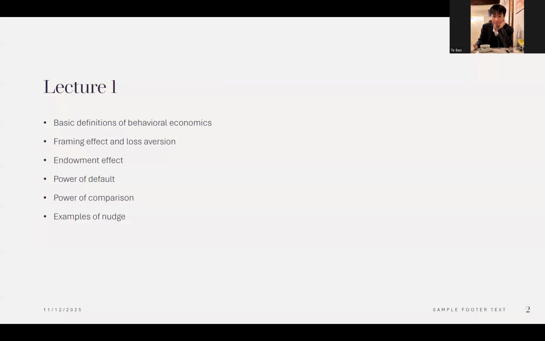We also mentioned briefly the relationship and differences between behavior economics and experimental economics. Basically, the emphasis of behavior economics is the introduction of psychological factors, and the emphasis of experimental economics is the adoption of an experimental method.